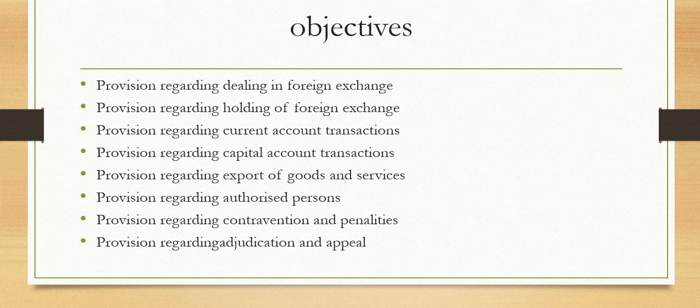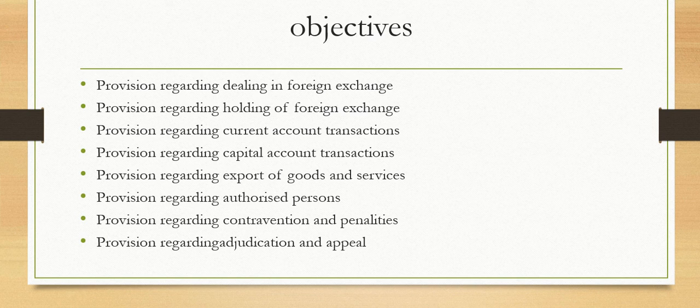Next, provision regarding contraventions and penalties. According to sections 13 to 15, if any person contravenes the rules and regulations of FEMA or RBI, he will be liable to a penalty of 3 times the sum involved in the contravention. If the contravention continues, then he will have to pay 5,000 per day during the time of contravention.